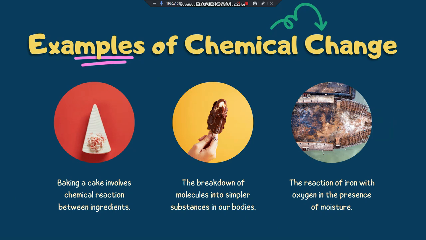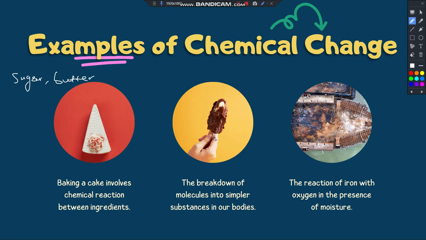So here are some examples of chemical changes that we have in our world today. Example number one is the process of baking a cake. Baking a cake, you start with substances like your sugar, your butter, and a host of other ingredients that go into the recipe.